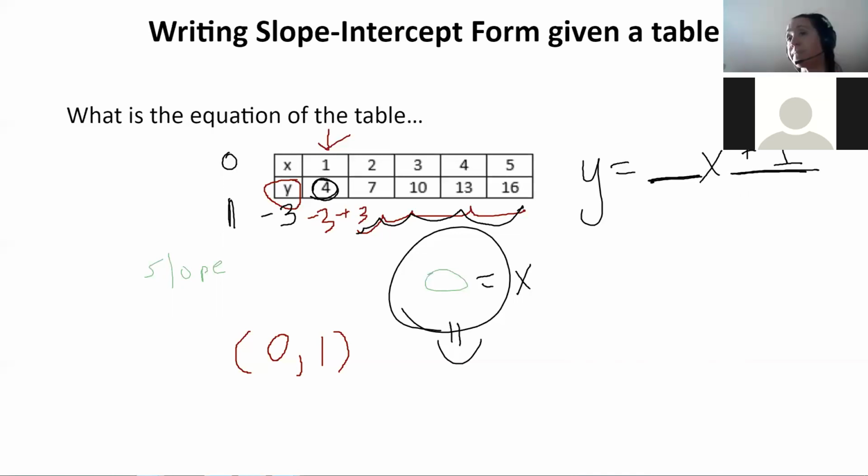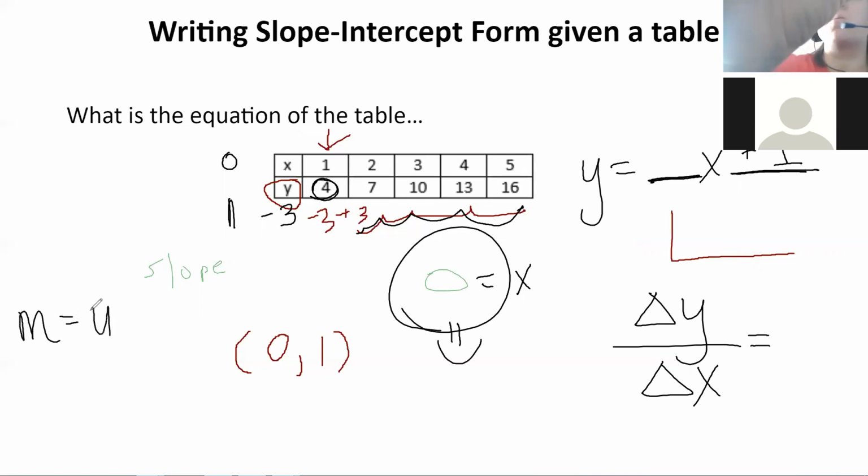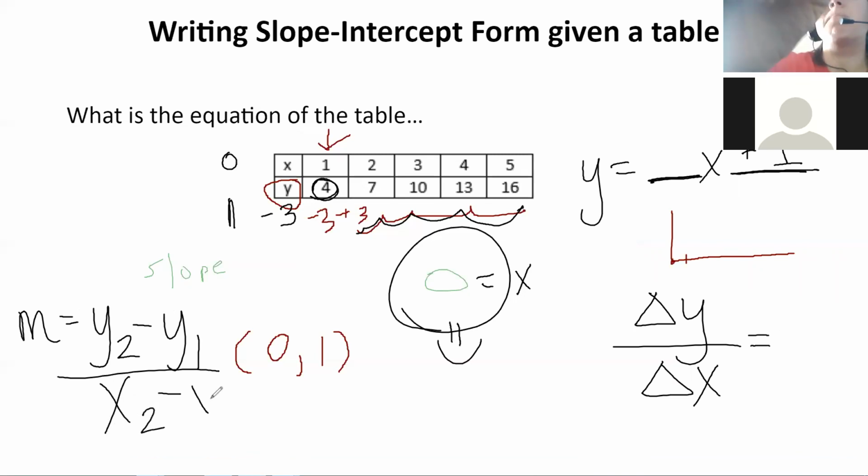Good. Does anybody remember how to find slope? We kind of already did. Remember, slope is the change in y over the change in x. Or it could be calculated with y2 minus y1 over x2 minus x1.